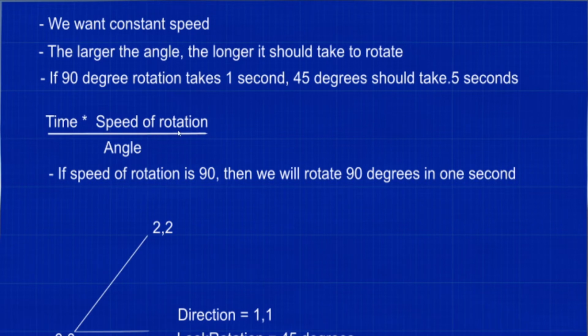If my speed of rotation is 90 and my angle is 90, when my time reaches 1 second, the result of this will be 1, right? And when time is half a second, the result will be 0.5. So if I set my speed to 90, then I will rotate 90 degrees in 1 second.